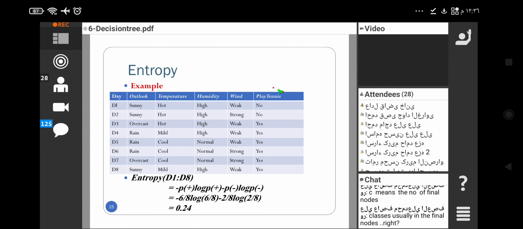Using this data in our learning, we want to calculate the entropy. You see that here we have two classes.